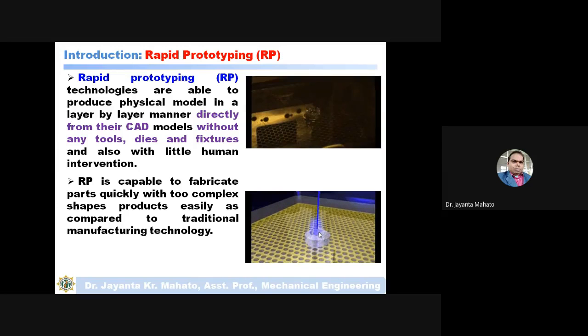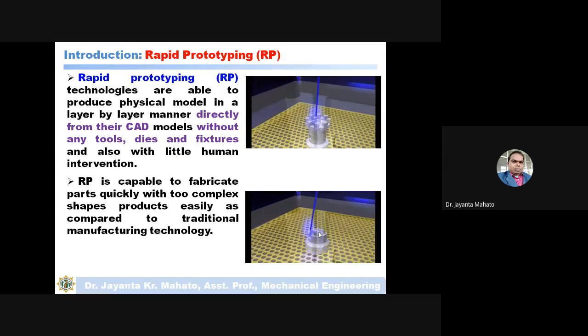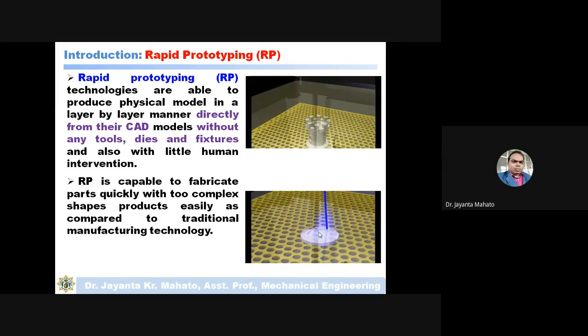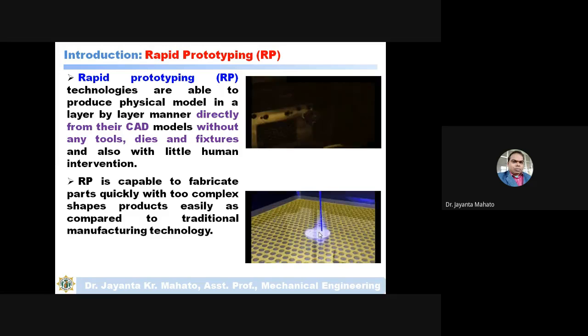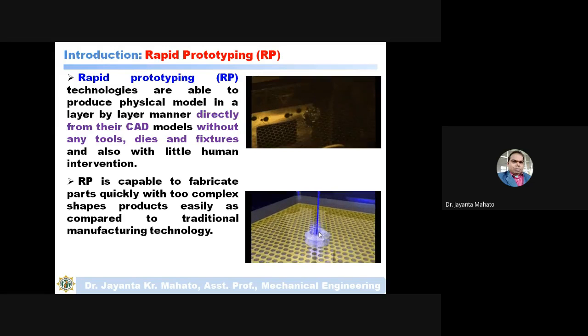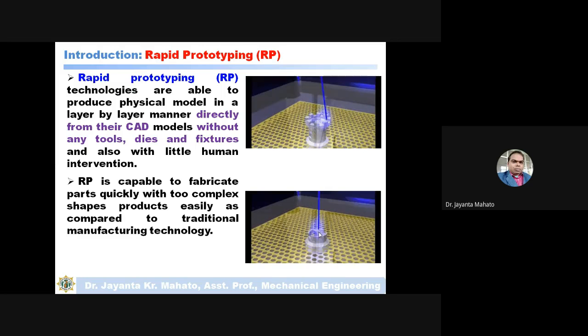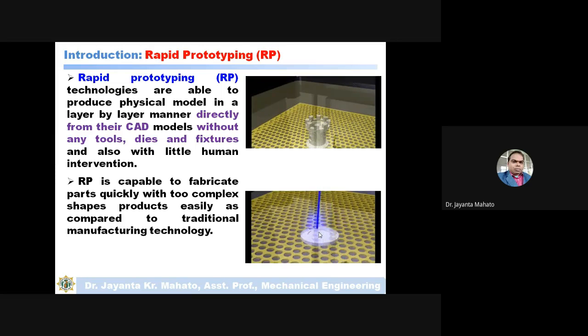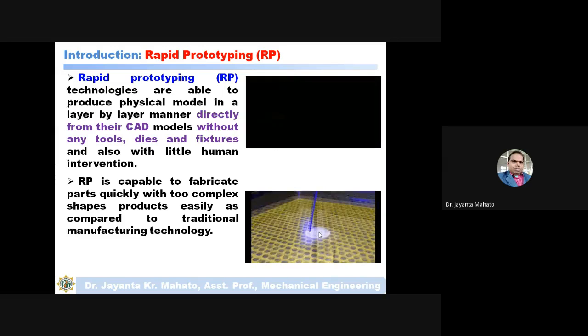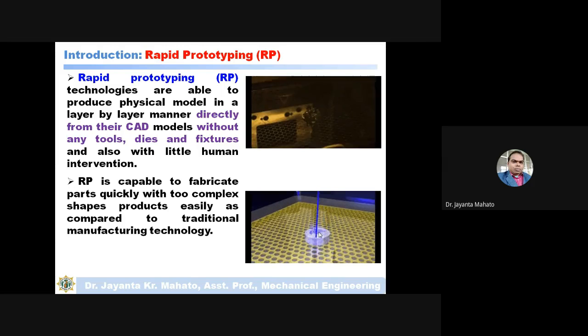Okay, so just see how products are manufactured with the rapid prototyping process, with the help of a laser beam.